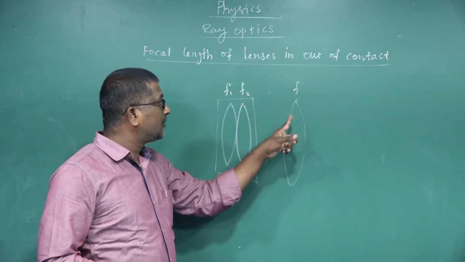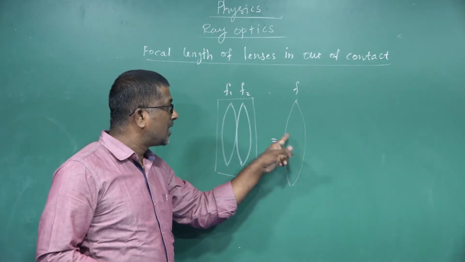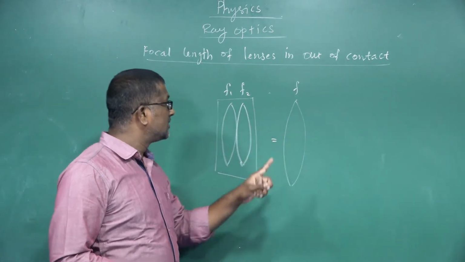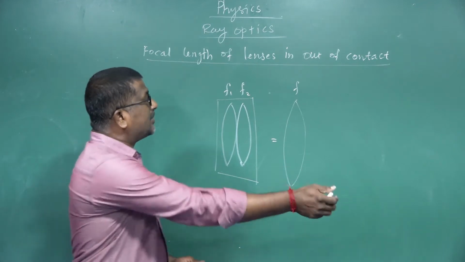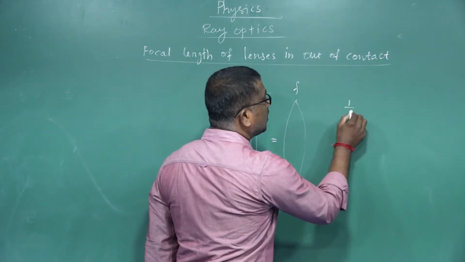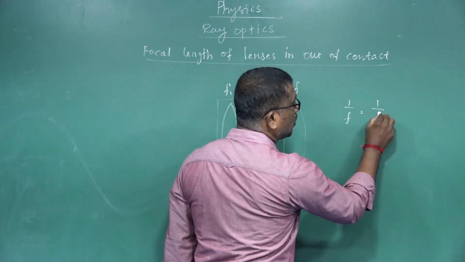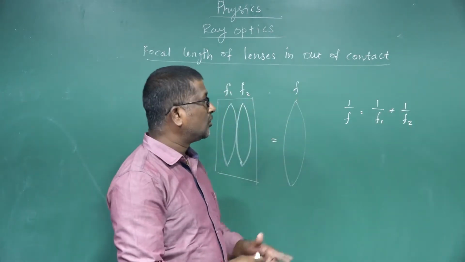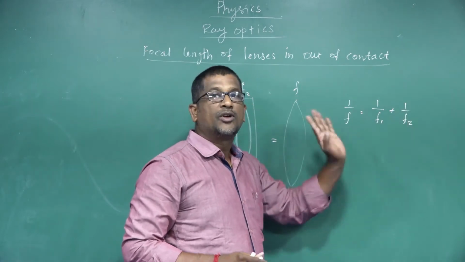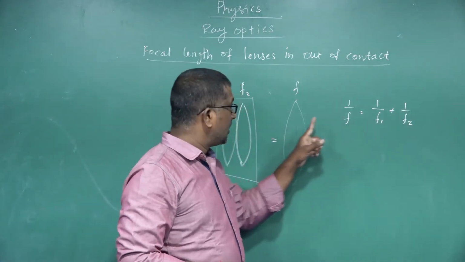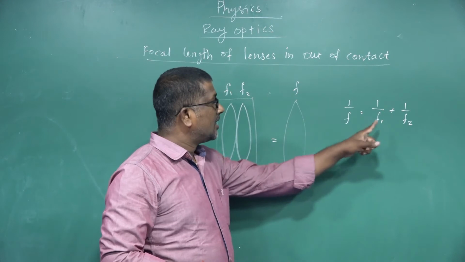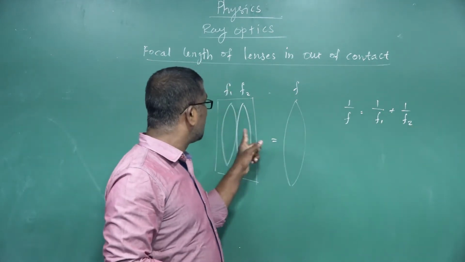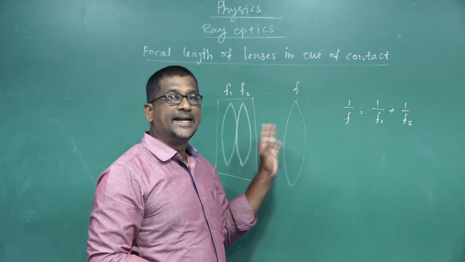The effective focal length of this combination can be determined by using the formula 1 by f is equal to 1 by f1 plus 1 by f2. Here f is the effective focal length, and f1 and f2 are the focal lengths of the individual lenses.